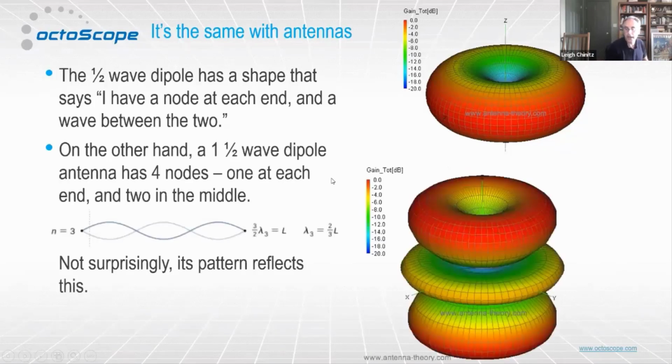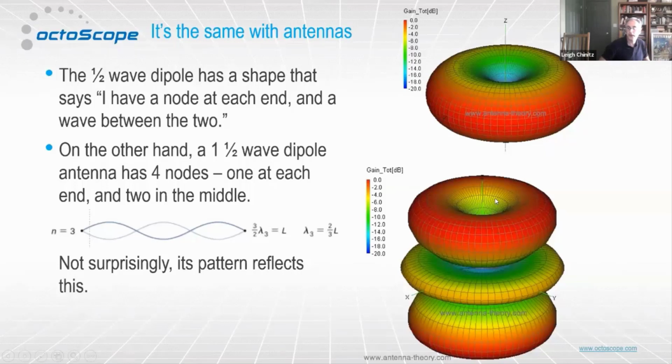You can use different length antennas if you want. For example, you could have an antenna where it's a 1.5 wave dipole, and that would again have that shape, kind of like that guy was getting in that little video clip before, where we have essentially 4 nodes, the 2 at the fixed ends and then 2 in the middle.